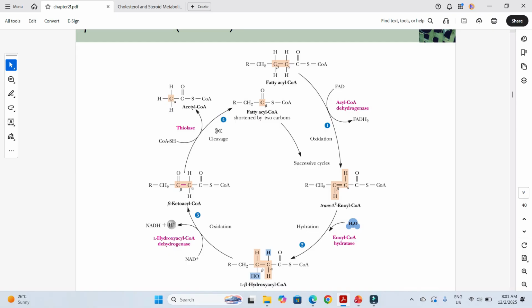Now, I want you to notice that this reaction involves the production of NADH. Okay? Now, the next step would be a reverse Claisen condensation, in which case another molecule of coenzyme A will attack this beta carbon. Remember the Claisen condensation back in organic chemistry?